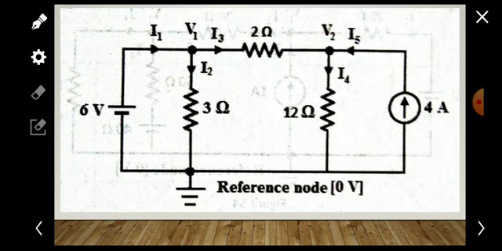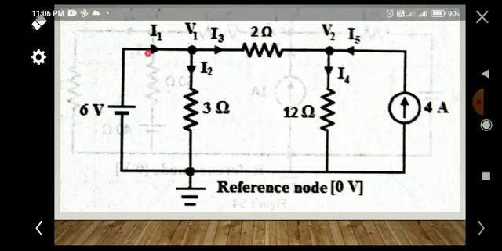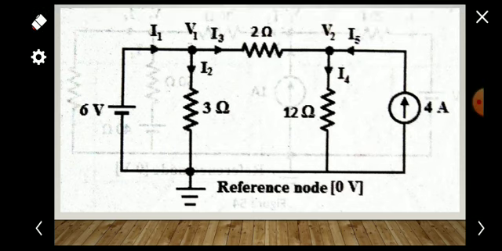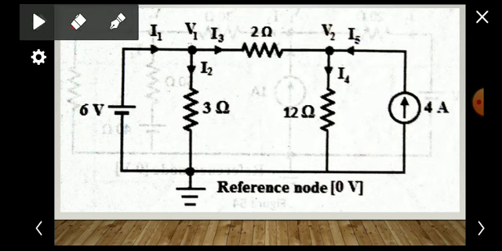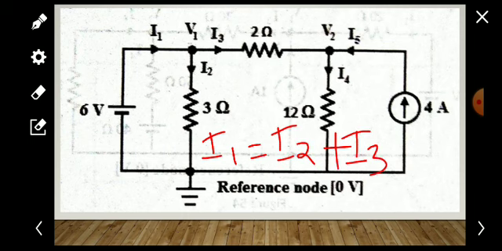Here the current entering the junction is only I1, and I2 and I3 are leaving. So we can write I1 is equal to I2 plus I3. This is the first node equation.